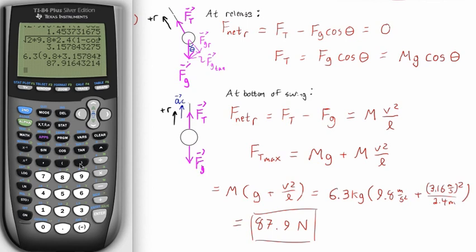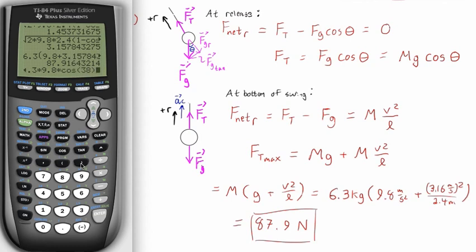There we go. And if you're curious how big it was when it was released, how much smaller, we could simply take that mass, so just 6.3, times 9.8, and then multiply that by cosine of 38.